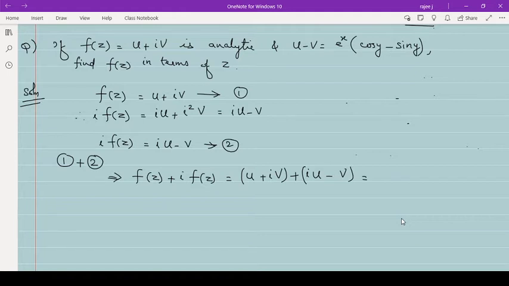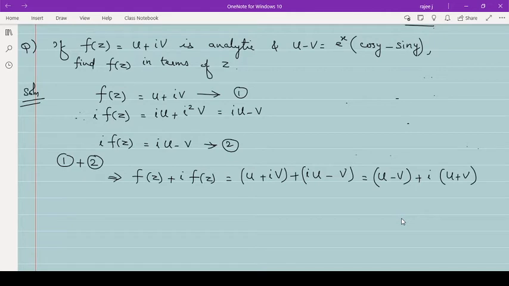Now you can see here also you have real and imaginary parts. So I will take u minus v as one part without i, plus i times (v plus u), or u plus v.